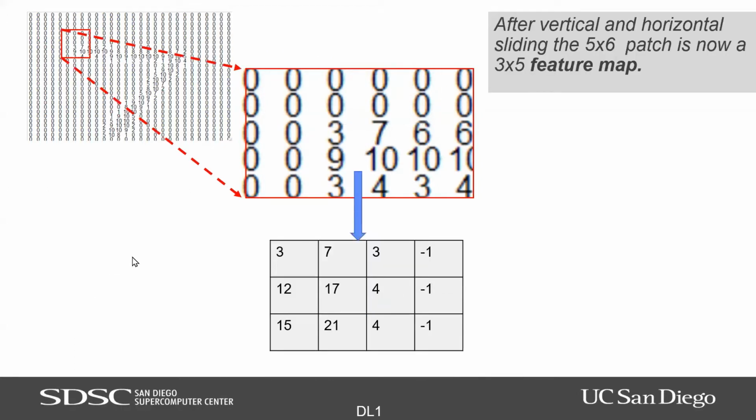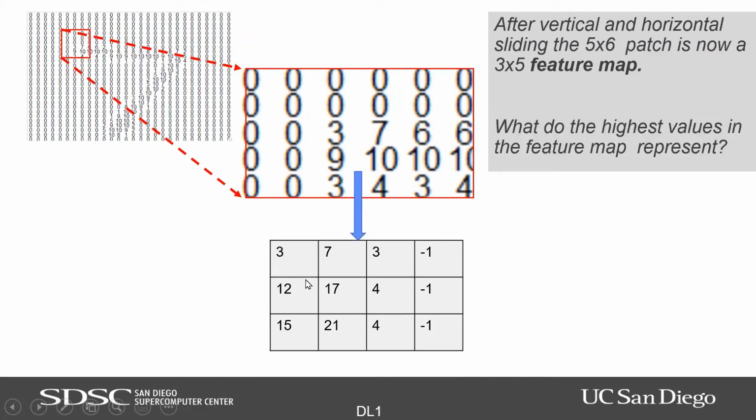If I keep doing this, I end up with a new output map, which looks something like this. I have a range of values in this output map. The output map is a little bit smaller than the original. Now I can ask, what do the highest values represent in this output?